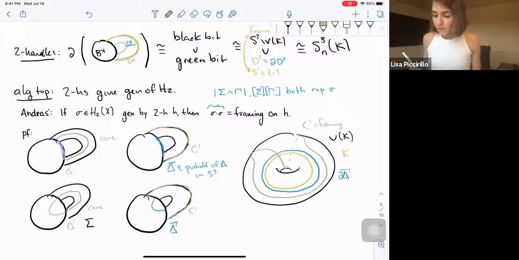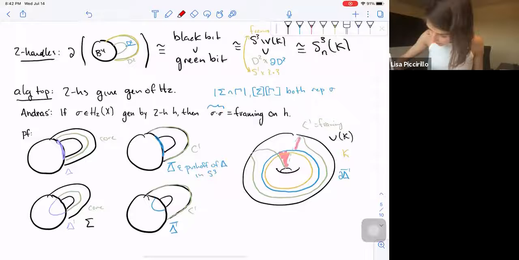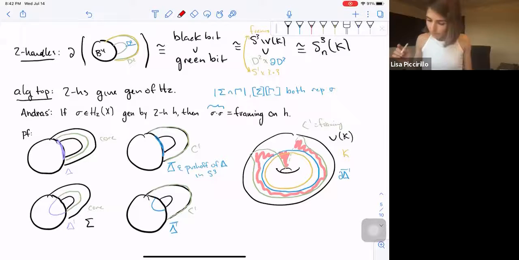All right, and so these two curves don't coincide in this tubular neighborhood, but we can take a little surface in there that lines them up, that gets us a closed surface. And so let's do that. We'll just take this annulus here, running between C prime's boundary and delta prime's boundary.